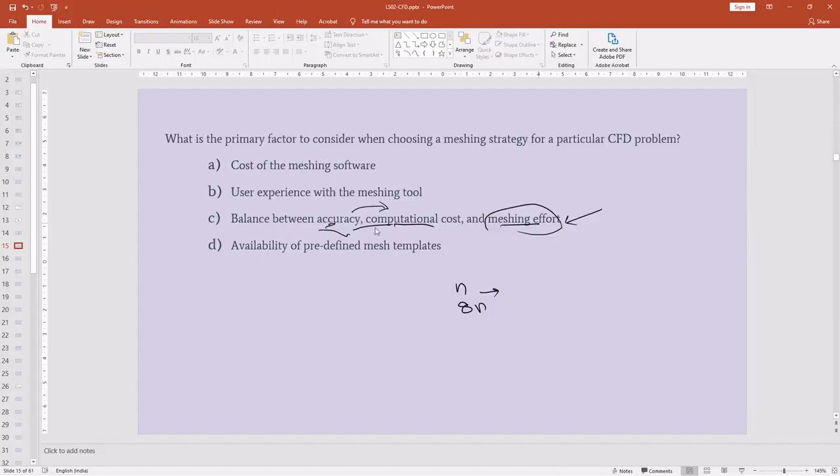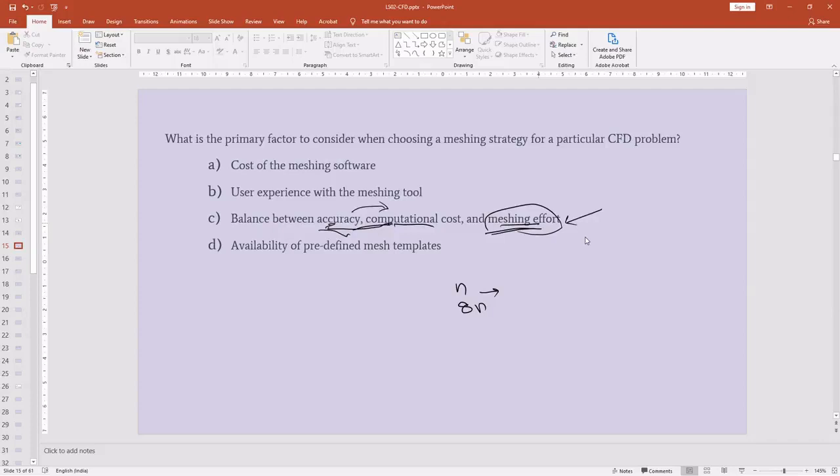So most people will be thinking of these two, accuracy and computational cost. But this meshing effort is inherently there. Most of the time it is left out because in industries they will be meshing similar kinds of geometries again and again. So they will have predefined templates or predefined values, like the minimum element size should be this much to capture the variation of the quantity I am studying.